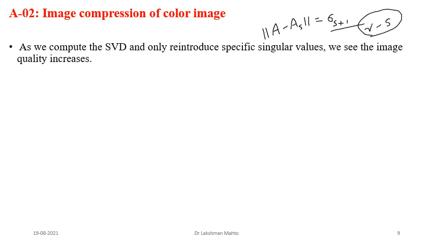Because those singular values have very small values, and due to a thresholding property, we have just removed them. Due to that, the S+1 singular value would also be very small in magnitude, so we have very little error. That is the approach of approximation.